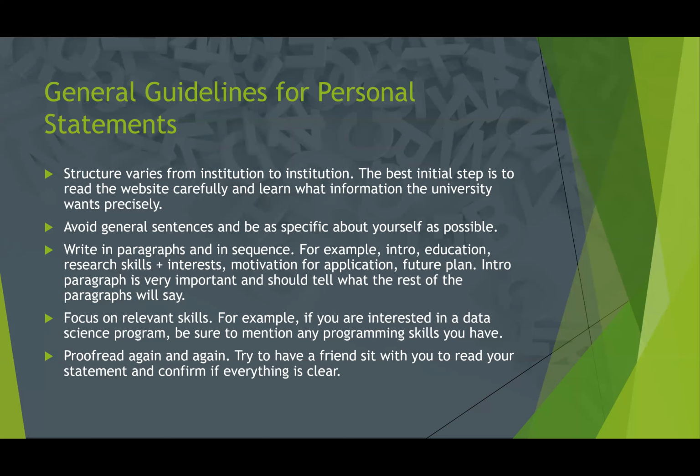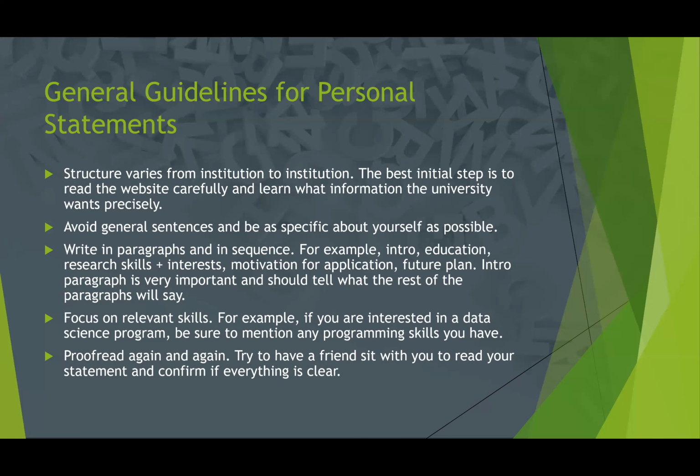It's very important that you write in paragraphs and have a sequence in mind. A rough sequence could be an introduction paragraph where you introduce yourself and tell where you're from. The next could be your previous education, a whole paragraph or two. If you have 2 degrees, you can give 2 paragraphs for education. Then you must explain your research skills or interests.